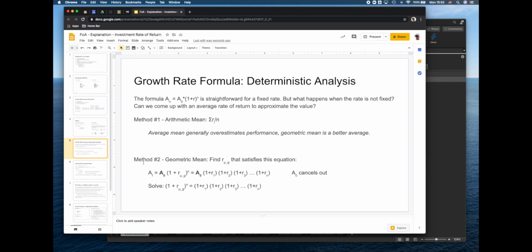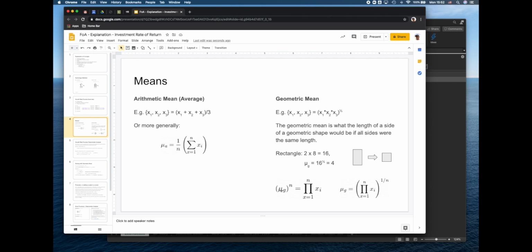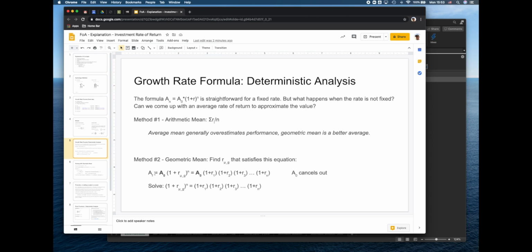So the question we're asking, and we've got to come back to this geometric mean, is there a number to the nth power such that the product of all those numbers is equal to the average number raised to the nth power? So we want to solve this equation.